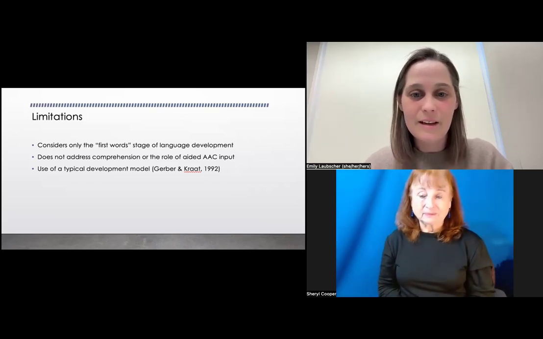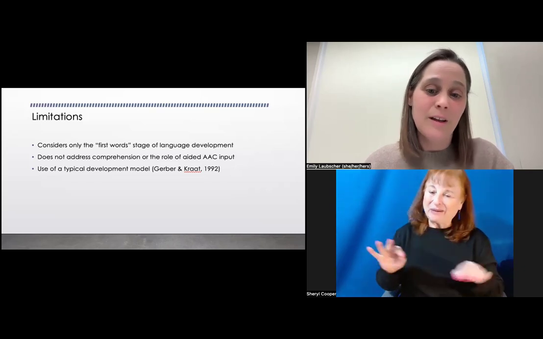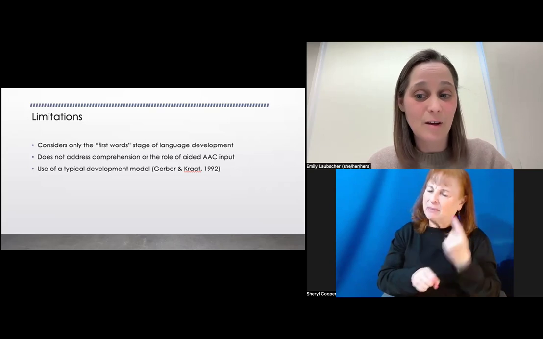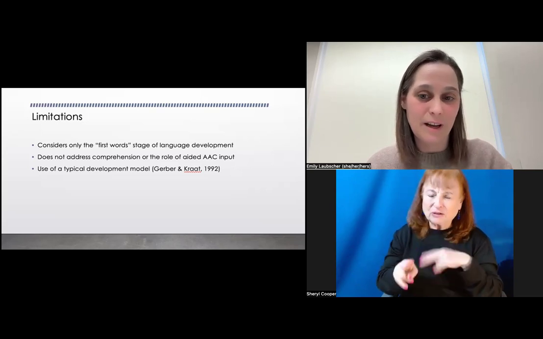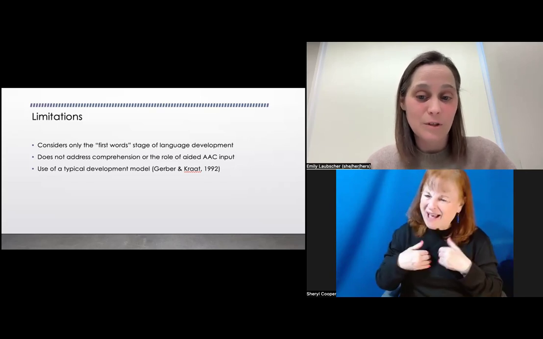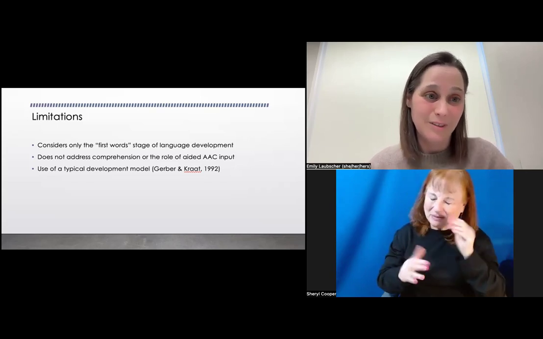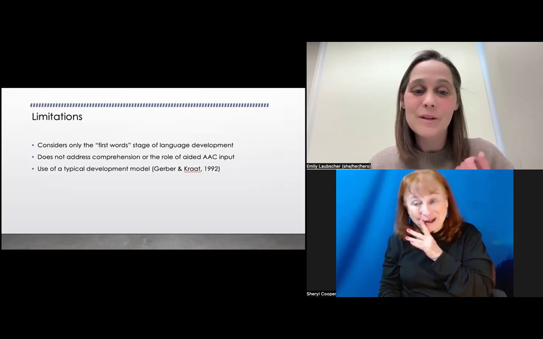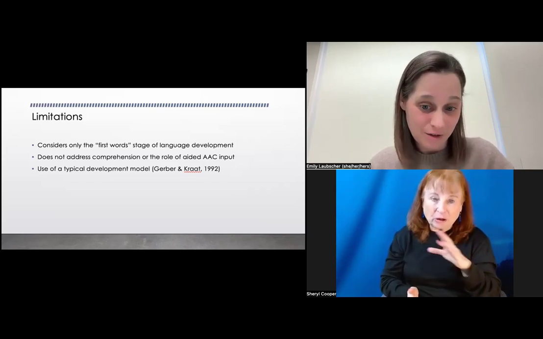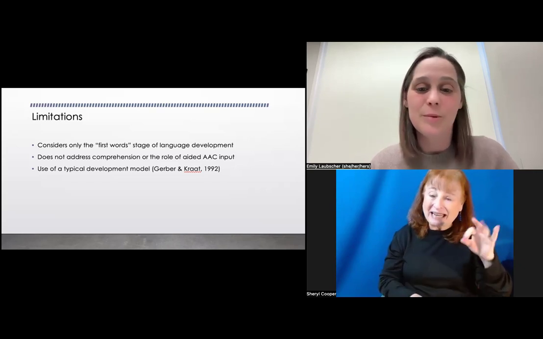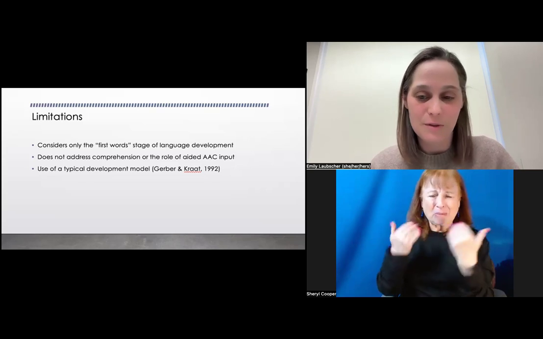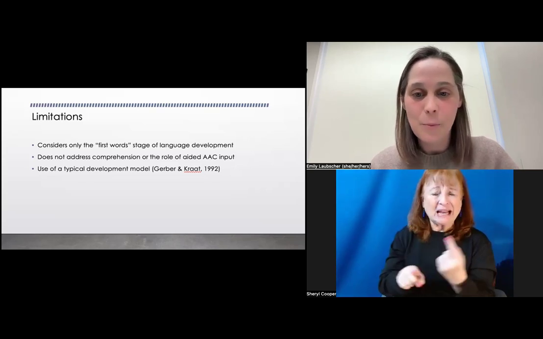And then lastly, and this is a really important one, this work used a typical developmental model to help inform our thinking about language and intervention for AAC users who are having often a very different language learning experience than children who are learning to talk. There's a wonderful paper by Gerber and Kraat from 1992. It's old, but still really, really important, that outlines some of the limitations of this approach of using a typical development model.